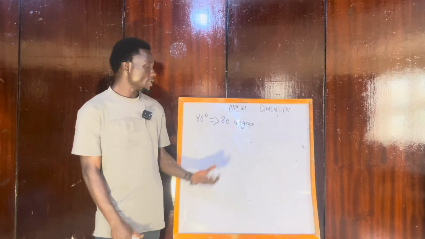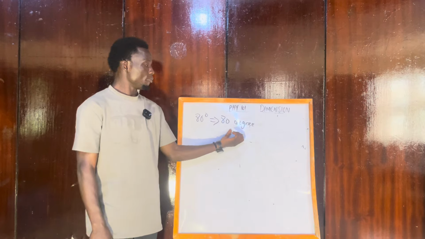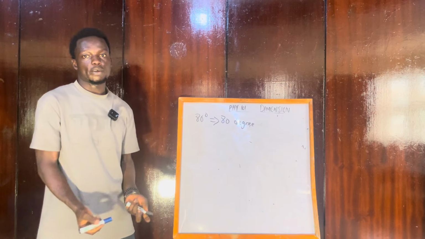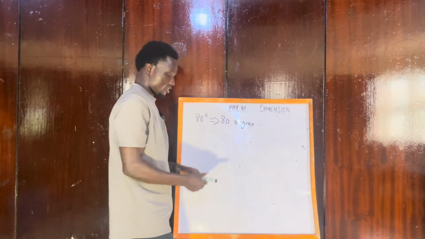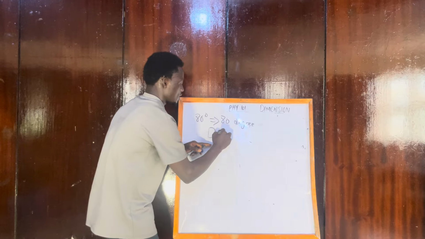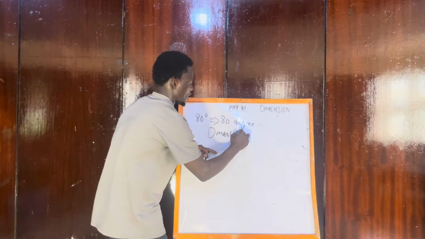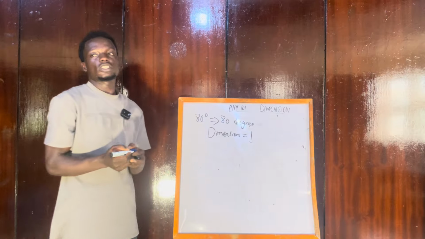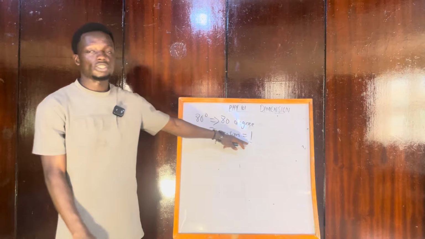The unit at which we measure an angle is degree, but there is no dimension. It has units, but it doesn't have dimension. The dimension is just 1. When we say a quantity does not have dimension, that means the dimension is 1.